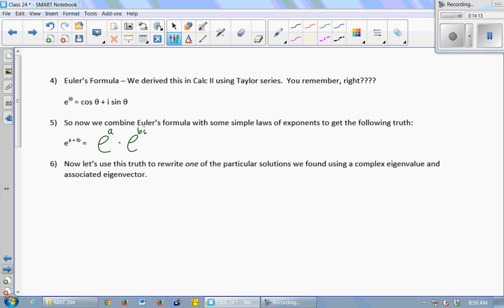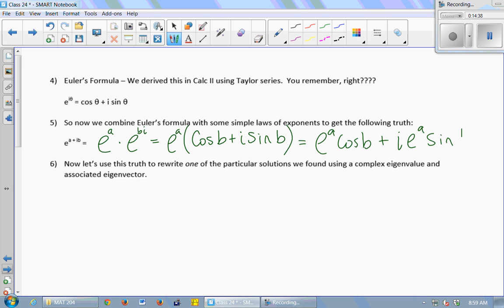Then I'm going to apply Euler's formula to the imaginary exponent. So I've got e to the a times, Euler's formula says this would be cosine b plus i sine b. And then I can just distribute my e to the a. So I have e to the a cosine b plus i e to the a sine b.